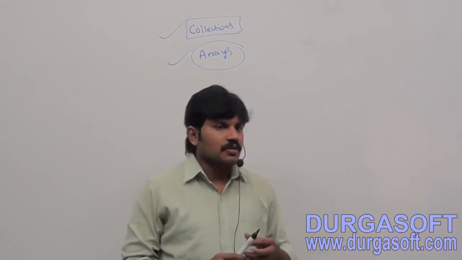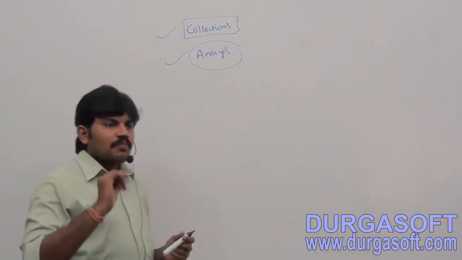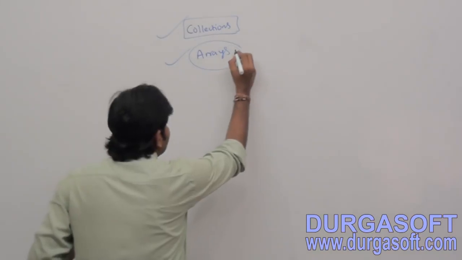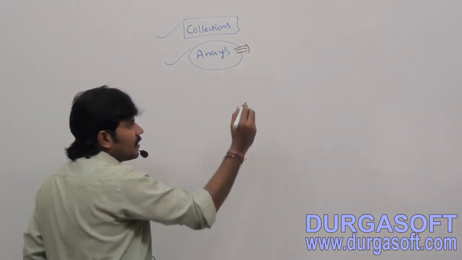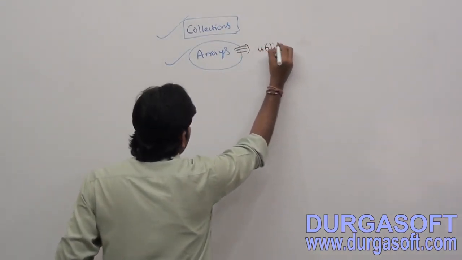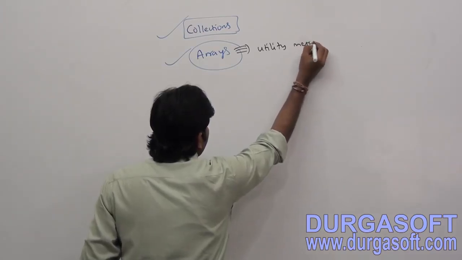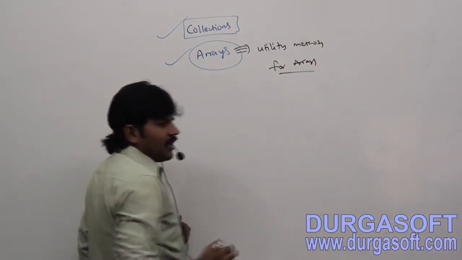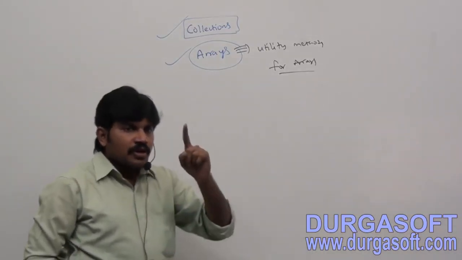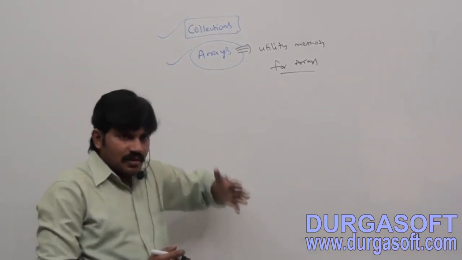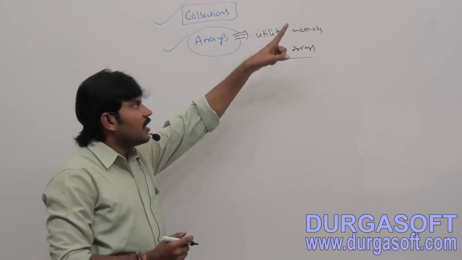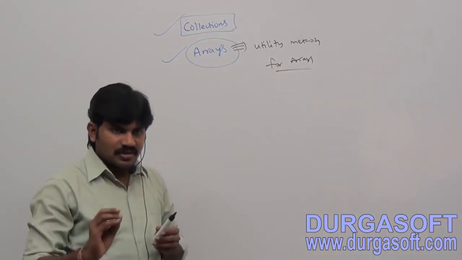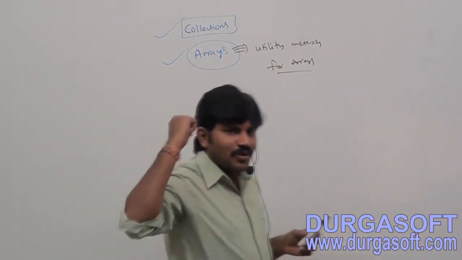Programmer is responsible. But luckily some people provided the Arrays class to define several utility methods for arrays also. Some people provided one API class to fill that gap. Most of the people don't know about this class.